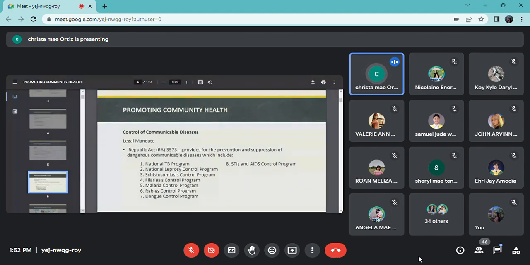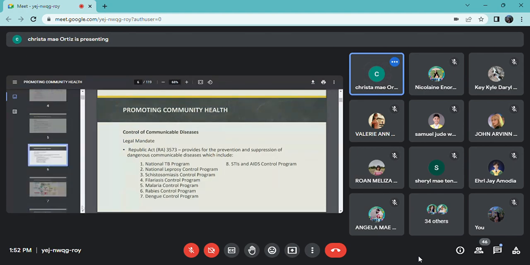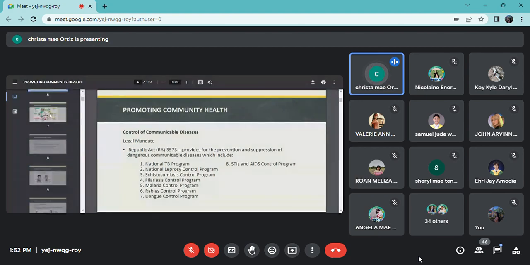For example, during the rainy season, you will see them updating the dengue control program. So we have many control programs, and we will later discuss these programs as well as the diseases described or mentioned here.